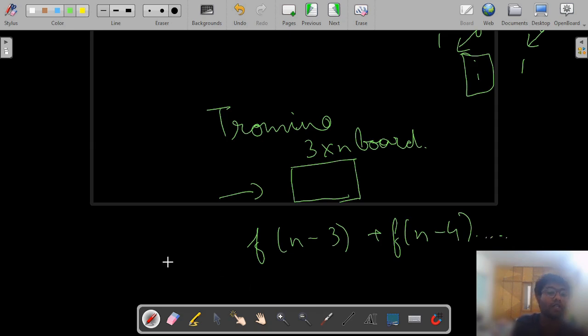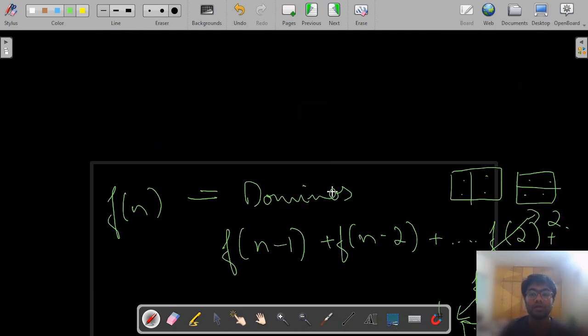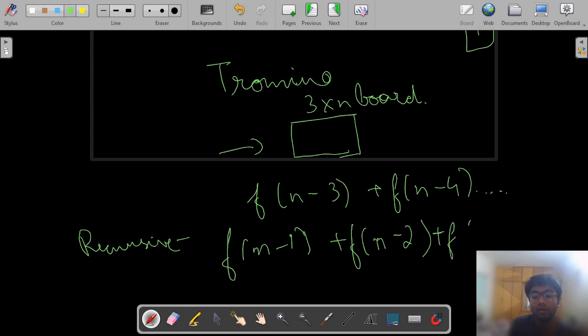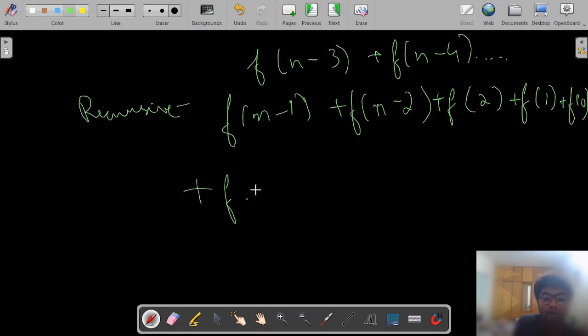So our initial recursive call would become f of n minus 1 plus f of n minus 2 and f of 2 plus f of 1 plus f of 0, and we also need to add in f of n minus 3 and f of n minus 4 and so on.